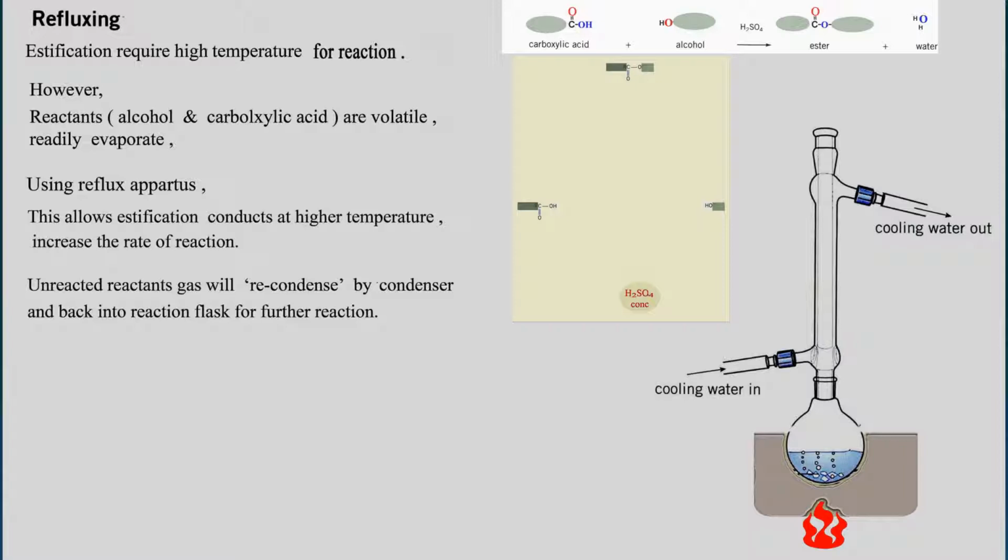So through this long neck apparatus, this condenser, they will be recondensed. Now they recondense back into the jar and will react again. So that is the function of this condenser.